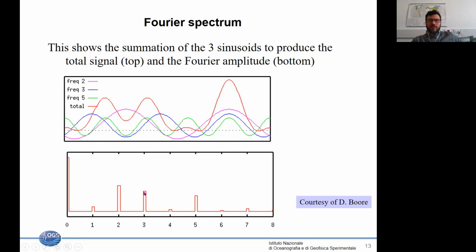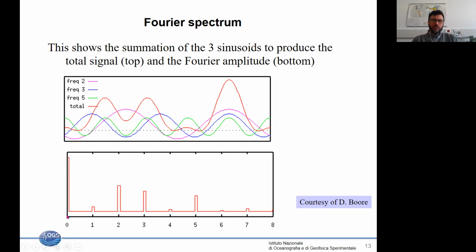We see a peak at 3 with intermediate amplitude corresponding to the blue line, and a peak at 5 corresponding to the green line. There are also some other small peaks due to some smearing of energy due to the numerical solving of the problem.